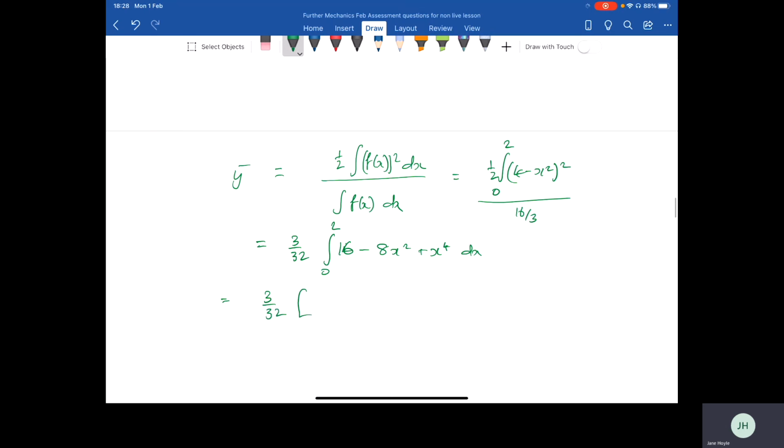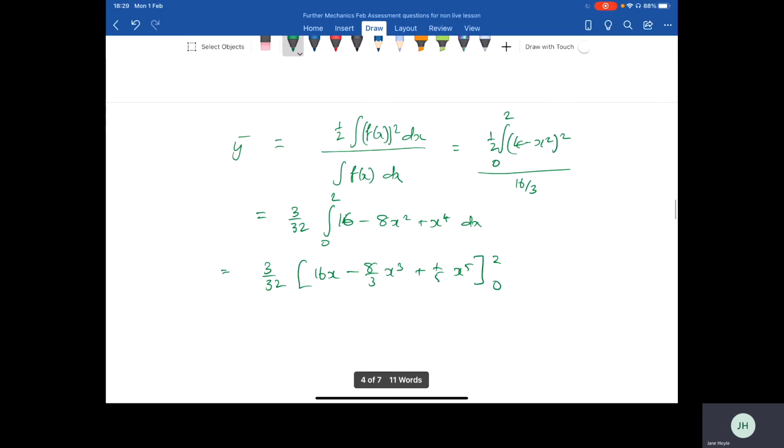3 over 32, 16x minus 8 thirds x cubed plus 1/5 x to the 5 between 2 and 0. 32 minus 64 thirds plus 32 over 5.